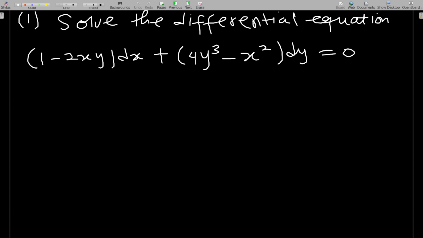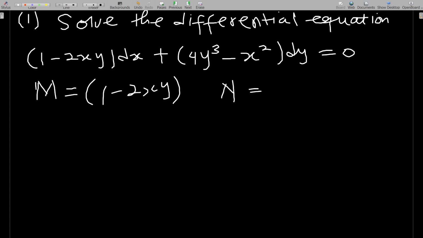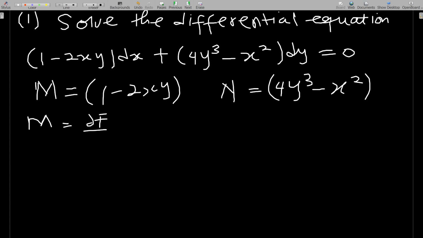Okay, all right. So here M is equal to what? 1 minus 2xy. And our N is equal to 4y cubed minus x squared. These are M and N. So we said that M is the same as del f del x, and N is also equal to del f del y.